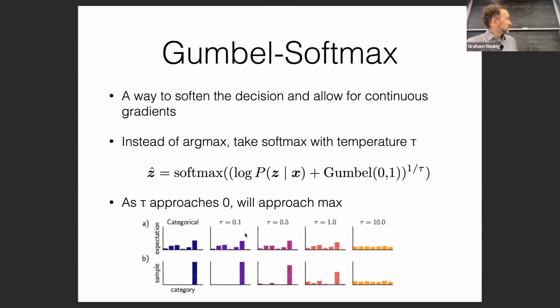And this is a good example here. We have the categorical distribution, which might look a little bit like this. If we set the temperature to 1, essentially the Gumbel softmax will pretty closely match the categorical distribution. Or if we take an infinite number of samples, it will match the categorical distribution.